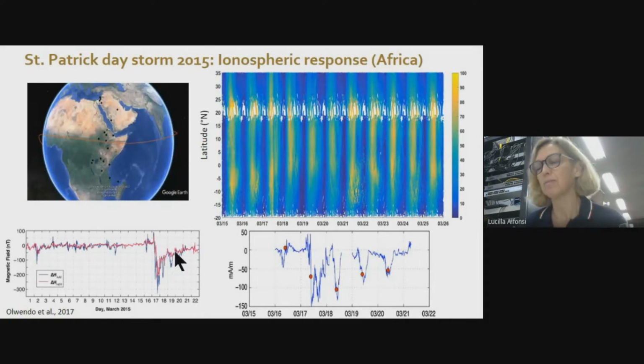It's two different magnetometer stations. Okay, in Africa. And by using these two magnetometer stations, we were able to estimate the equatorial electrojet. That is the blue line on the other plot that is strictly related to the morphology of the TEC. Perfect.